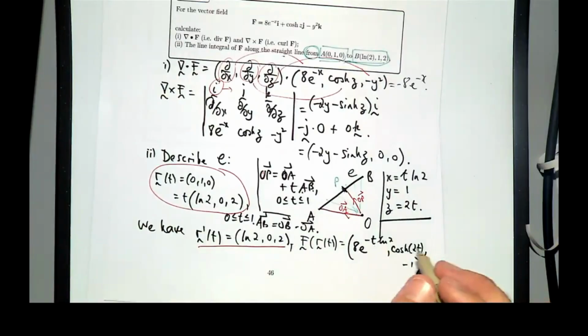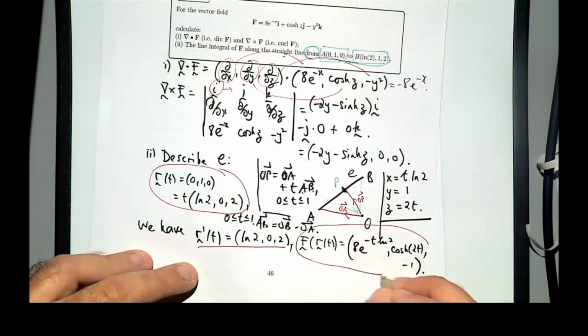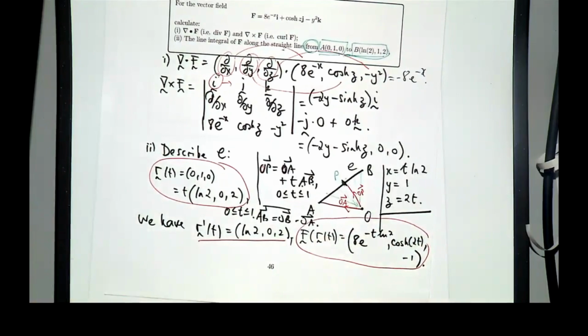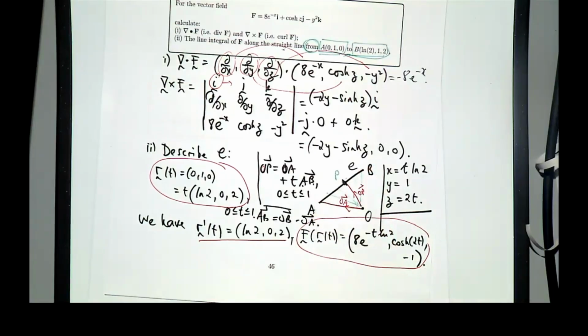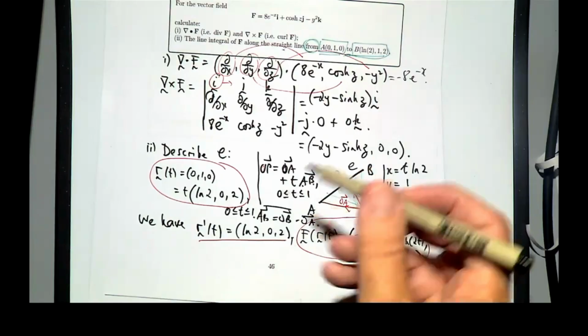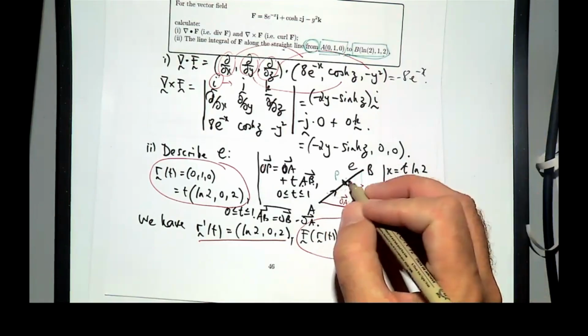Okay, so this is our third bit of information. Okay, so now we combine them. We do the dot product of the 2 vectors down here, and we're going to integrate it with respect to t, from t equals 0 to t equals 1, because that's what maps out our little line, okay? So we're going sort of that way.